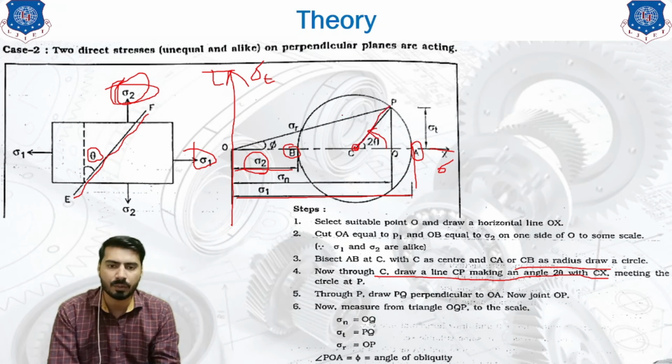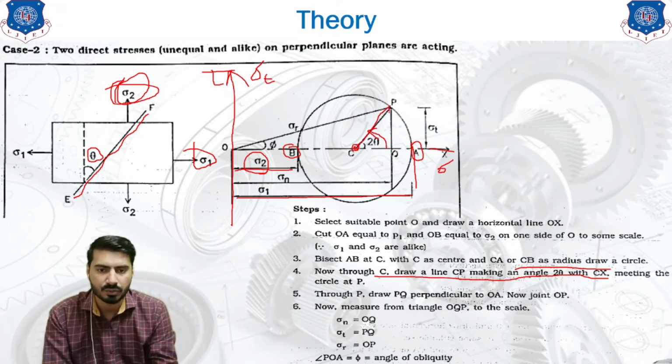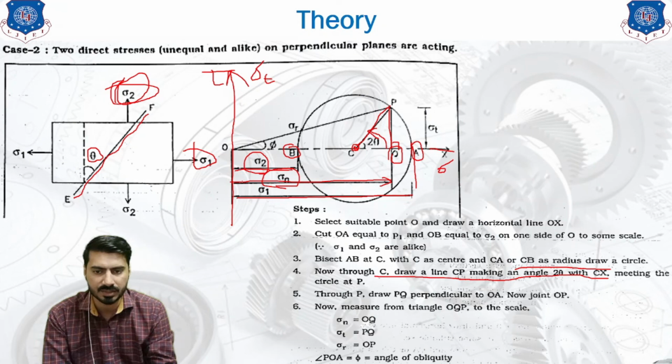Now from this point P, if you draw a perpendicular, this point Q will represent the normal stress distance. So the OQ distance will give you the answer of the normal stress. Similarly, the OP distance will give you the answer of the resultant stress.